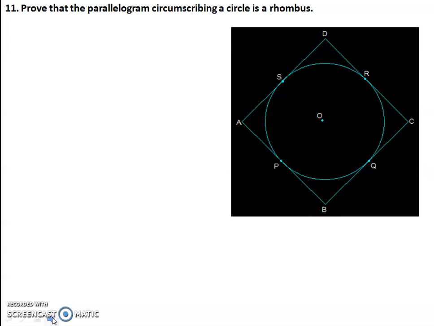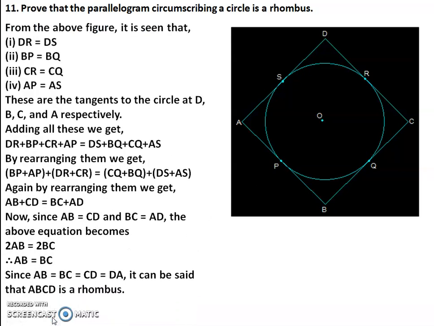Clear? So, using the same concept which you used in the previous one, that the lengths of the tangents from an external point to the circle are equal, we prove this also. Here from the figure, DR is equal to DS, BP is equal to BQ, CR is equal to CQ, AP equal to AS.